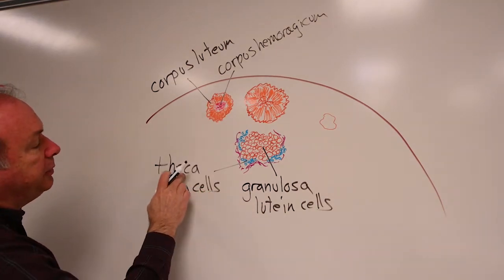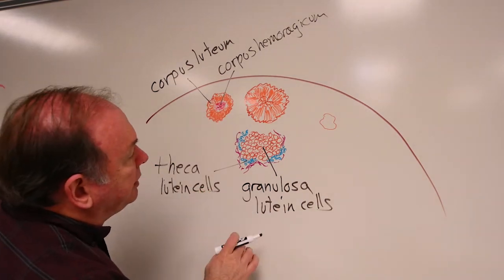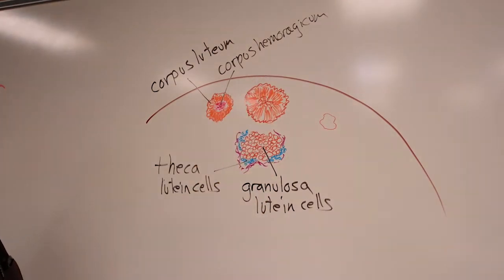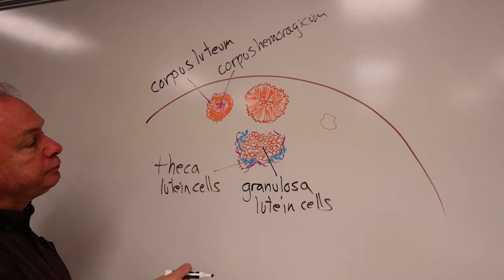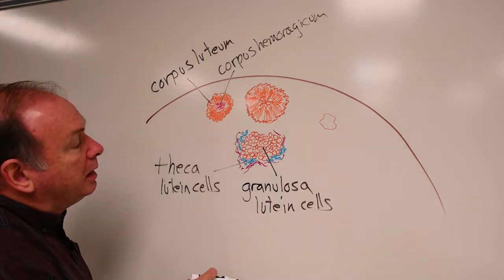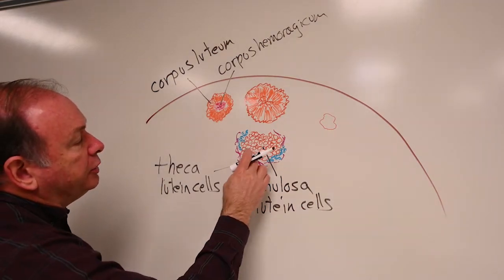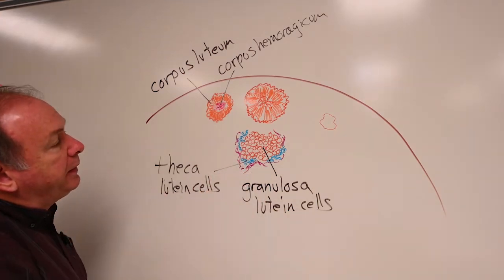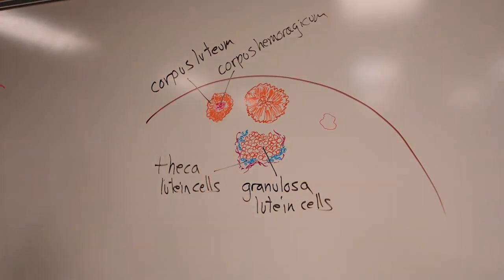So those two cell types, theca lutein cells, granulosa lutein cells, make up the corpus luteum, that yellow body in there. More progesterones from the granulosa, more estrogens from the theca cells in there.